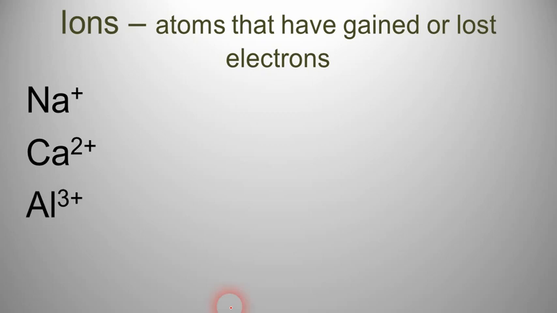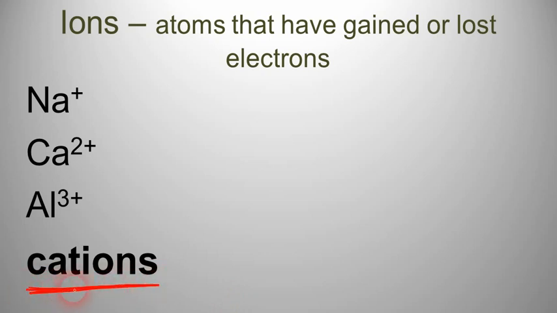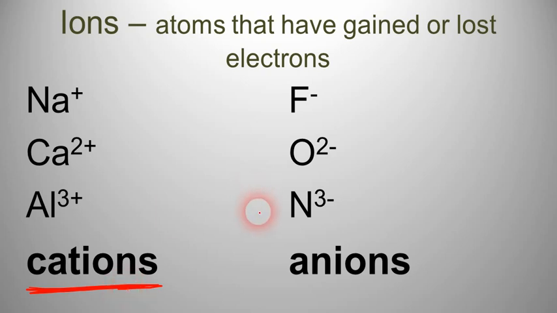And all those that are positive are called cations. That's an important vocabulary word. All the ones that have a positive charge are cations, while all these that are negative, like F negative, O2 negative, and N3 negative, those negatively charged ions, are called anions.